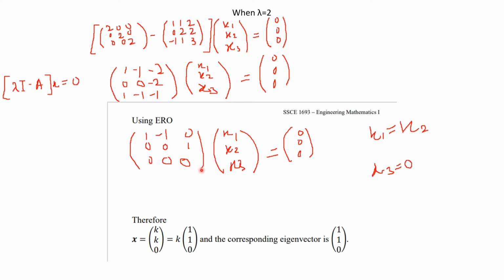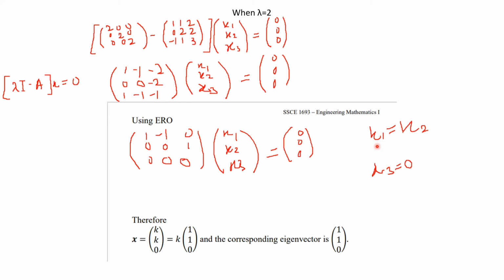From there, it will give us two different equations, which are x1 minus x2 equals 0, and x3 equals 0. And I've written them down here.